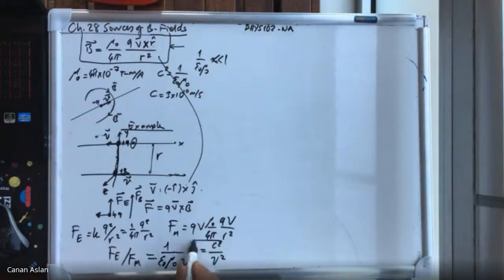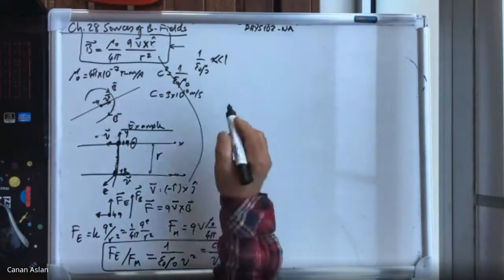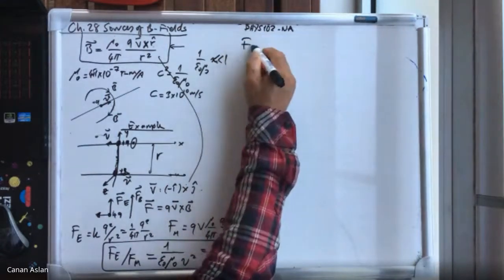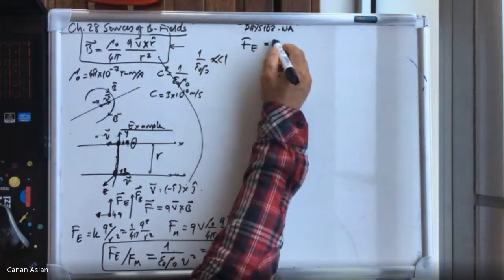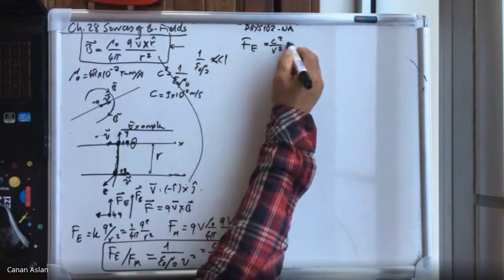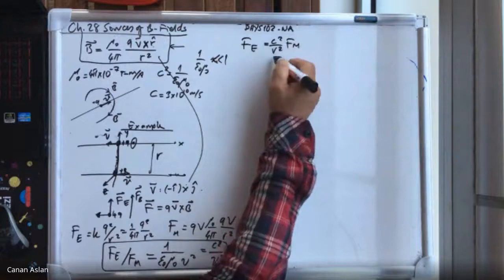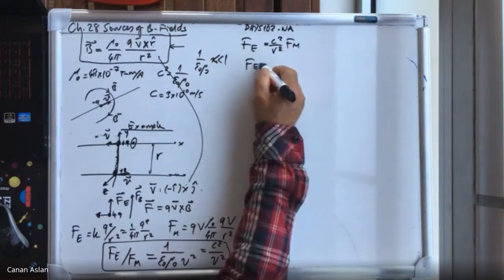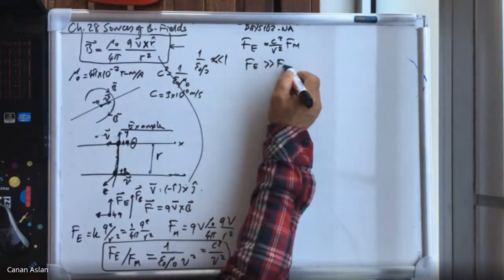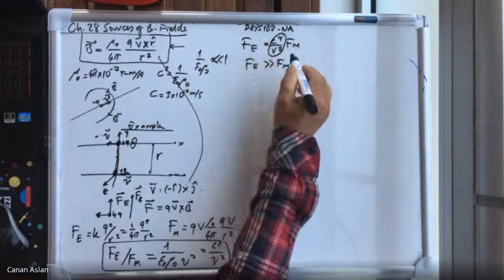So the ratio of the electric field force to the magnetic field force is given by C squared over V squared, which states that Fe is equal to C squared over V squared times Fm. So as you see, Fe will be much greater than Fm because this ratio is extremely big.